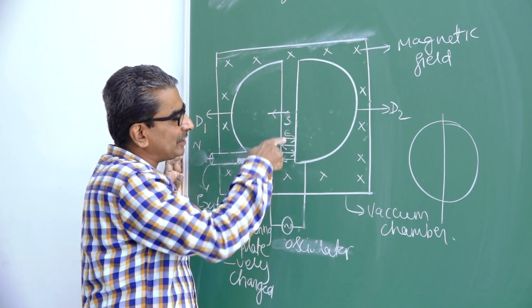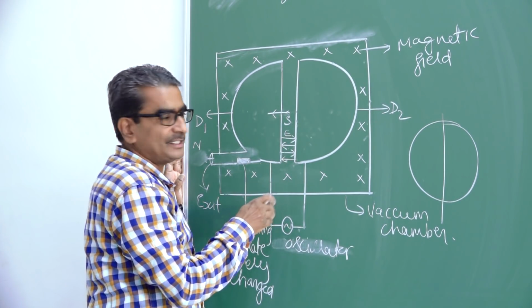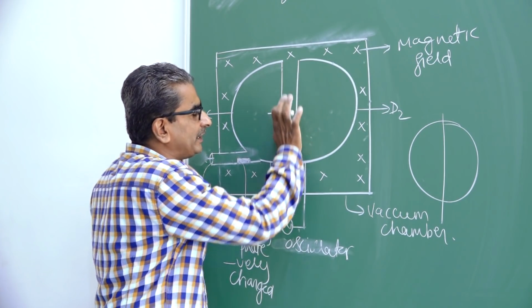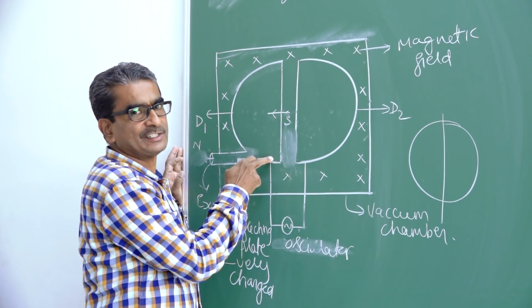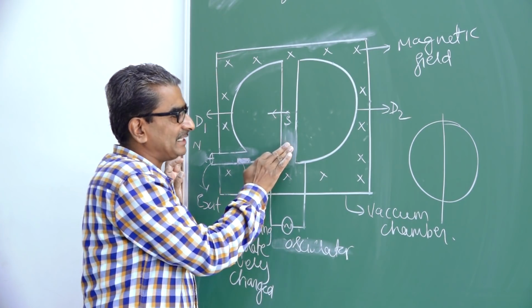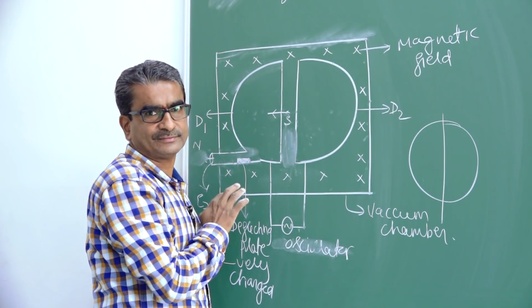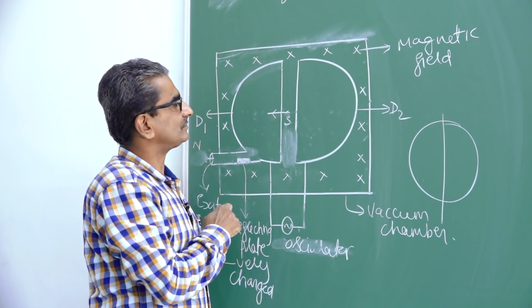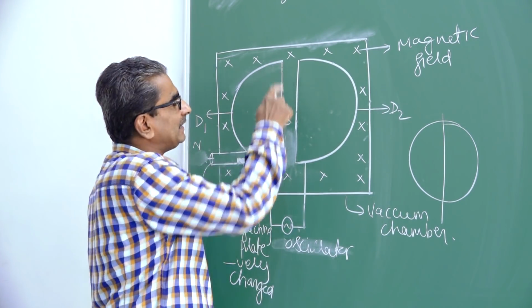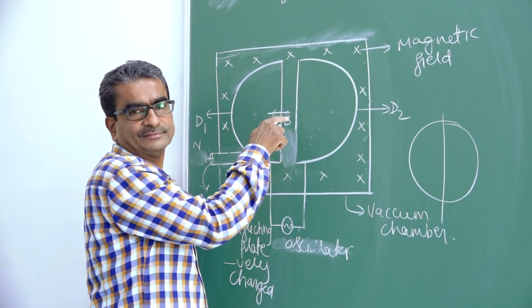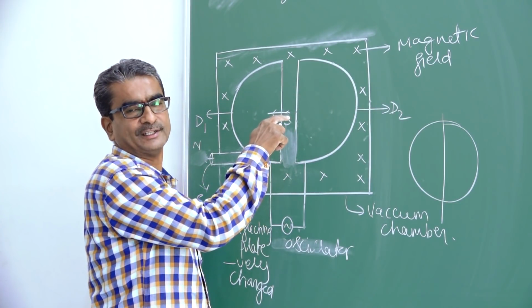Then what is the function of this electric field? Electric field is going to accelerate the charged particle. See, electric field accelerates the charged particle, but it is not going to deviate. Whereas magnetic field is going to deviate the charged particle.